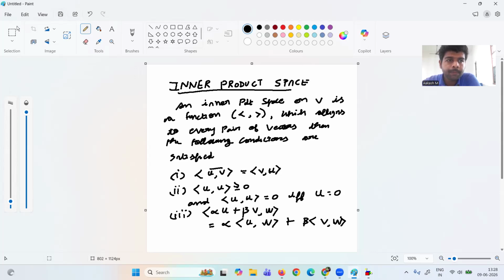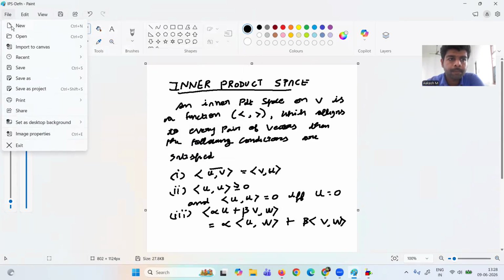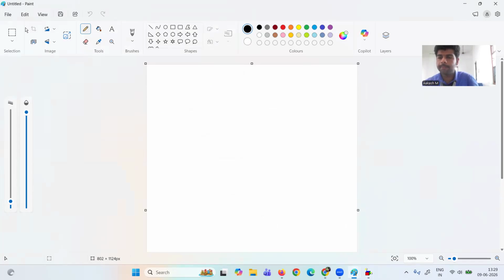Okay. Inner product space definition. Now we can see the note.